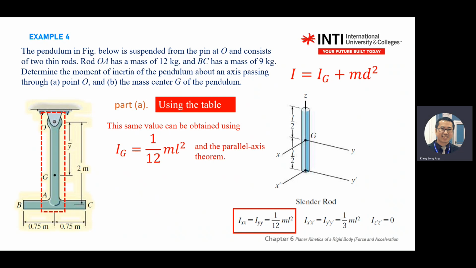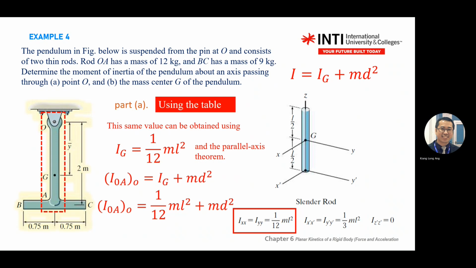If you use the Y axis, X axis, but this one from G, then you need to calculate IG plus MD squared. Understand? If you want to give yourself more trouble, then go and pick G. So here, you substitute half ml squared plus md squared.